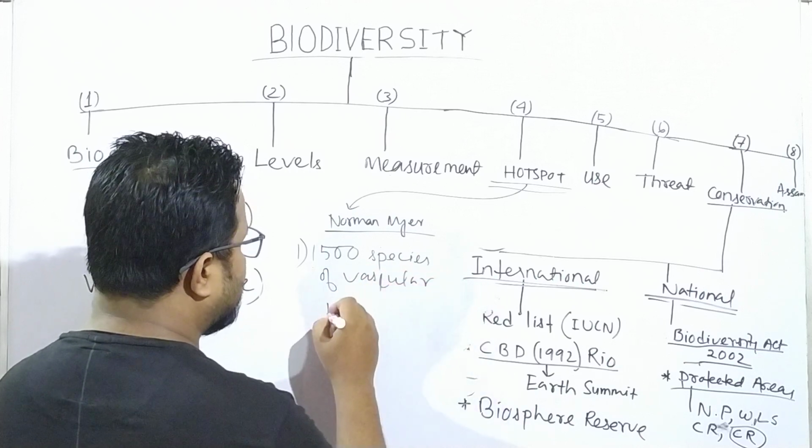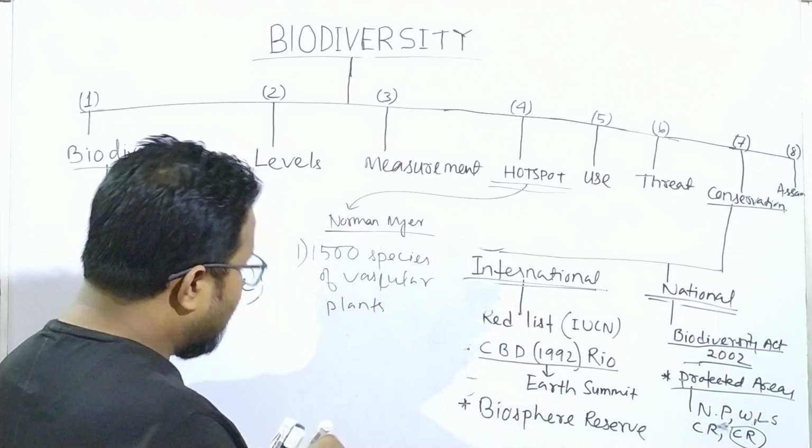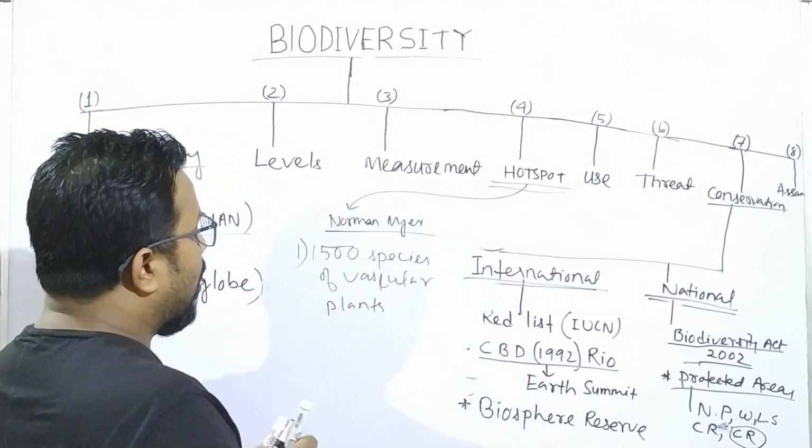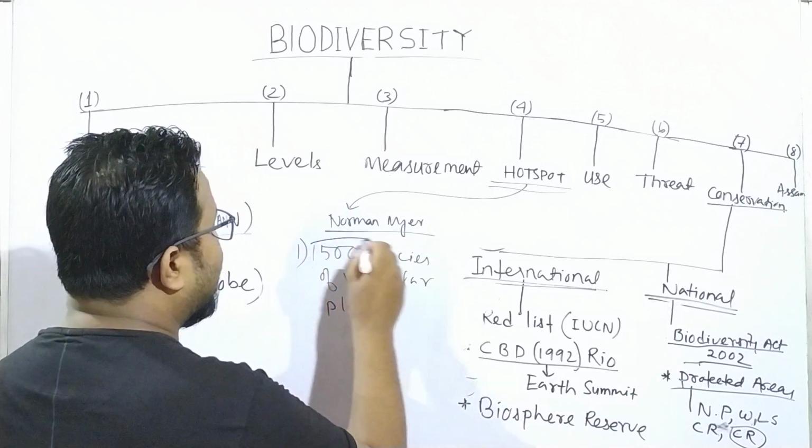Okay, what I am saying, number one, the region must have 1500 species of vascular plants, or you can say species endemics.